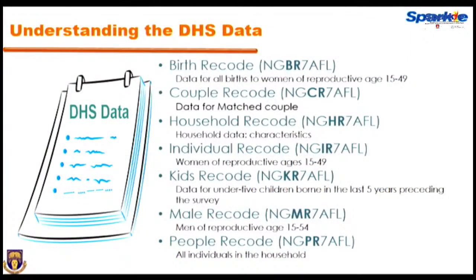And at the end of the day, before I finally understood which data set to use, it took a while. I had worked for a while on a particular data set, and then it was just one day I was thinking about it. No, this is not supposed to be my unit of analysis. Because I was working on, my focus is on child health outcome, right? Which is the dependent variable.